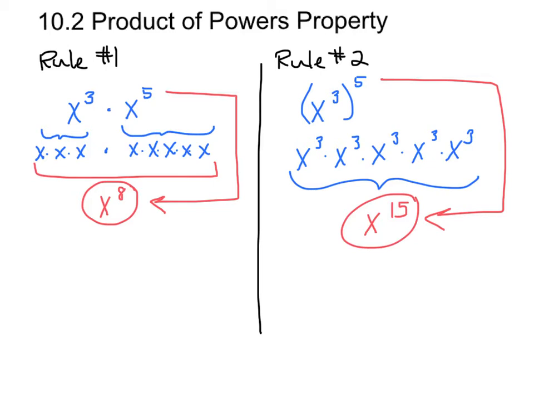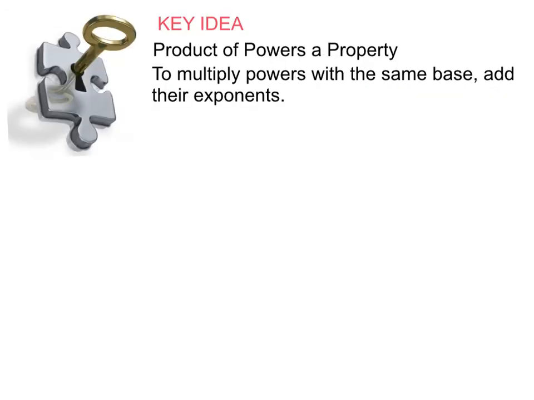So let's go over our key ideas. Our first property says this: to multiply powers with the same base, add their exponents. So here's how it looks. Using numbers, we would say 4 to the second power times 4 to the third power equals 4 to the 2 plus 3, which gives me 4 to the 5th power.